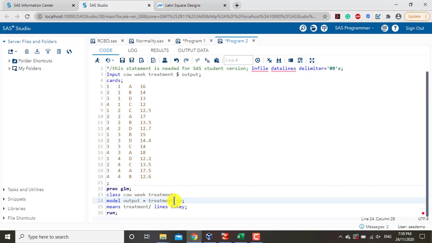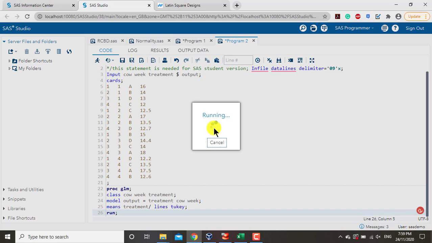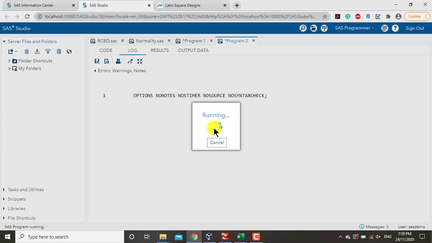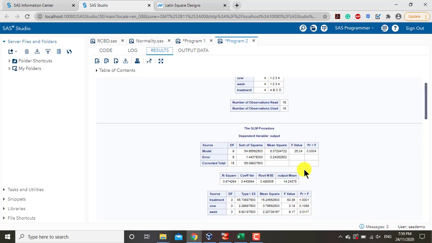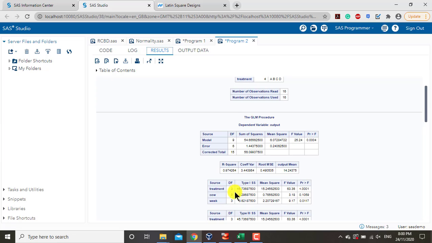What happens if we add cow and week? There might be a slight difference in the F value. Again, let's run. Now you can see all the degrees of freedom, sum of square and mean sum of square for cow and week. Previously you couldn't see them because I didn't add them in the model statement. Now I added them.